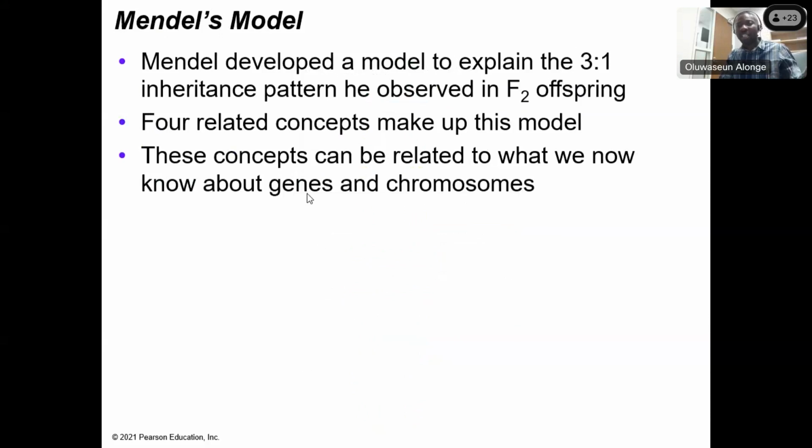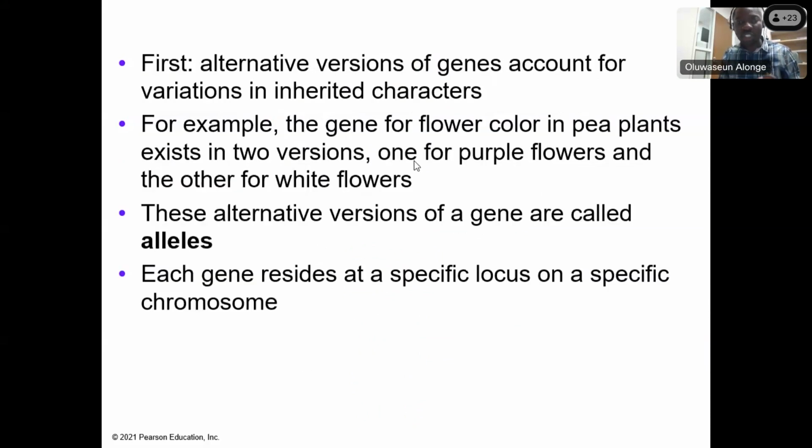Now, Mendel developed a model to explain the 3 to 1 inheritance pattern that he observed in F2 offspring. 4 related concepts make up this model, and the concepts can be related to what we now know about genes and chromosomes. Number 1, he said alternative versions of a gene account for variations in inherited characters. Alternative versions of a gene, which is what I call alleles.